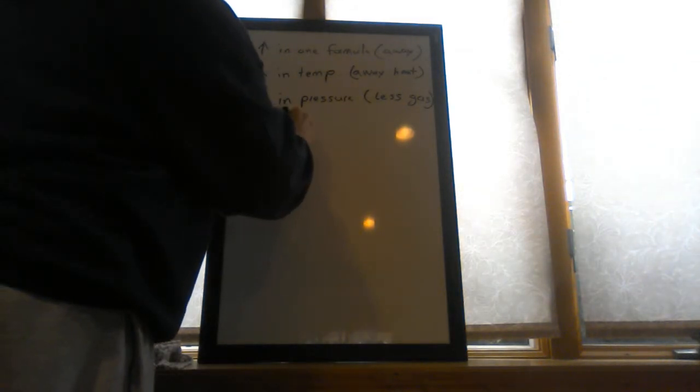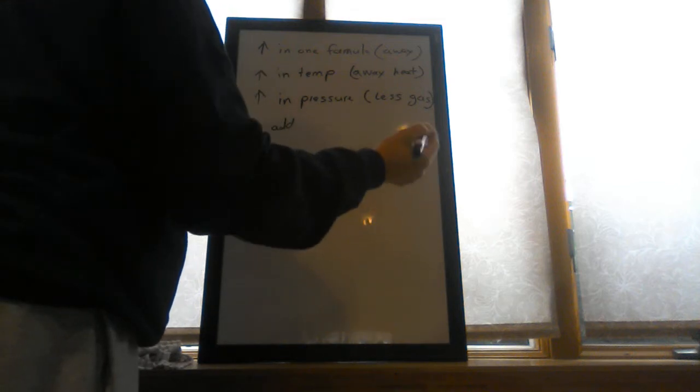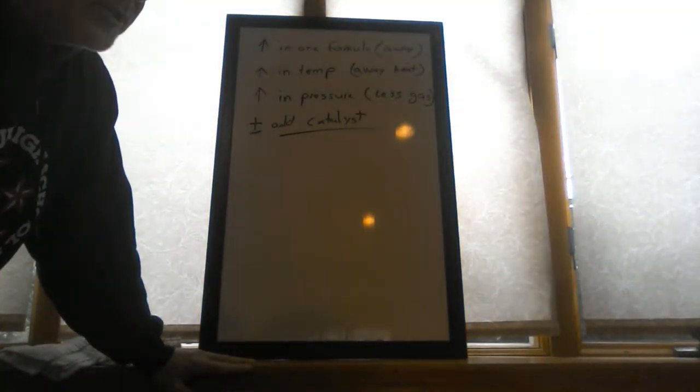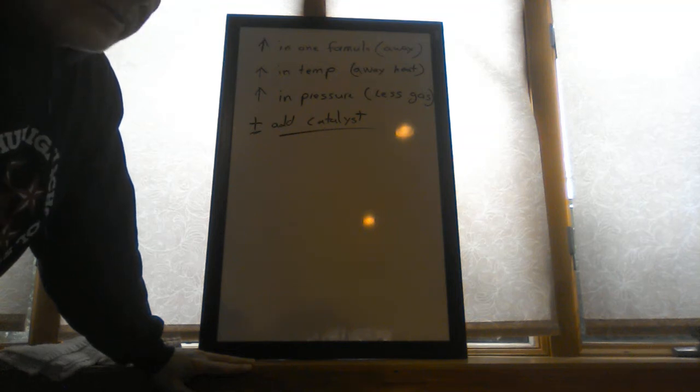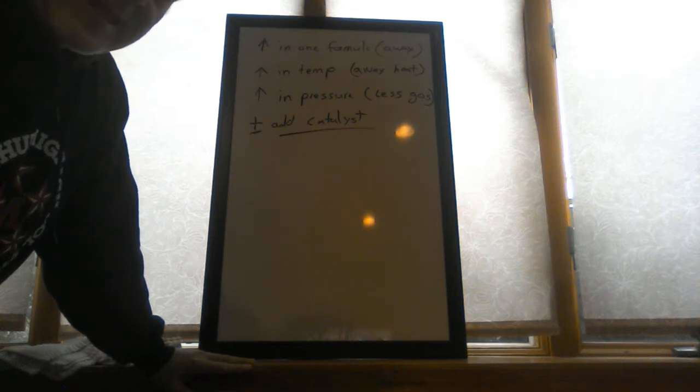And the last one, not increase, add, whatever, add catalyst. Okay. We're going to learn that the catalyst doesn't shift the position of equilibrium. In reality, it's really not a question, but they do pose the question. And the answer to the question in regard to the catalyst being added is that the catalyst doesn't cause a shift in the equilibrium.